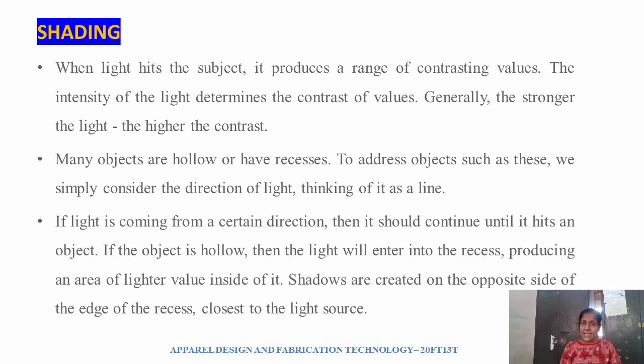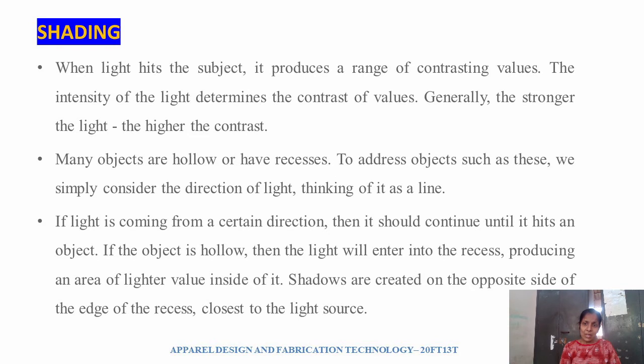If the light is coming from a certain direction, then it should continue until it hits an object. Until it hits any object, it will keep flowing. If the object is hollow, then the light will enter the recess.